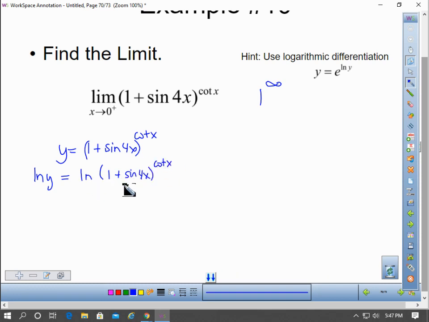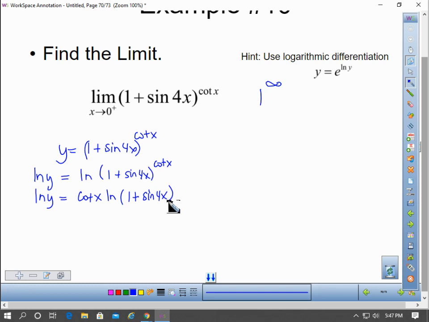The reason you do that is because now you can use a law of logarithms and move this exponent to the front. Okay, so now you've moved your exponent to the front.